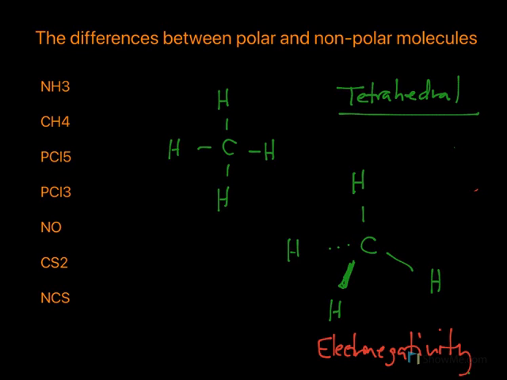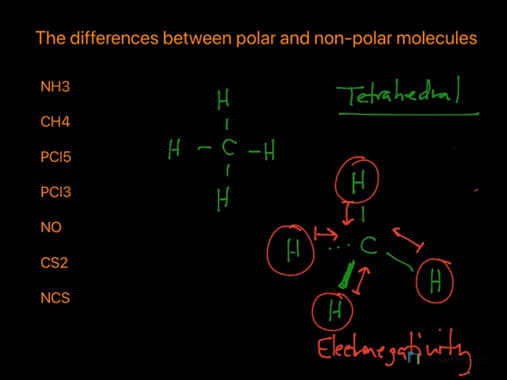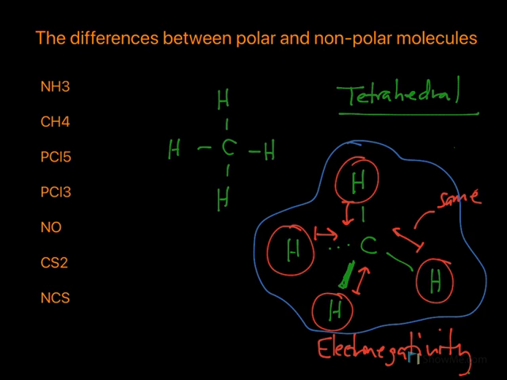But electronegativity tells you the carbon is more electronegative than hydrogen, so the carbon atom is pulling the same degree amount of electron density to itself. And because these are all hydrogens, they all share the same pull. That means that the overall density around this molecule is exactly the same. They're all pulling towards the carbon in an even way.